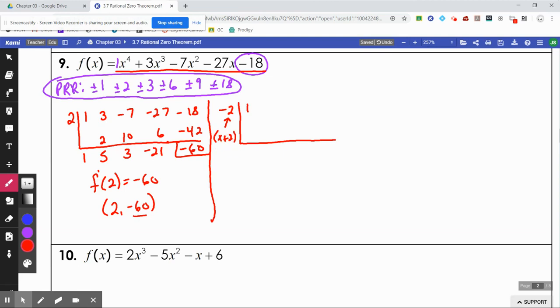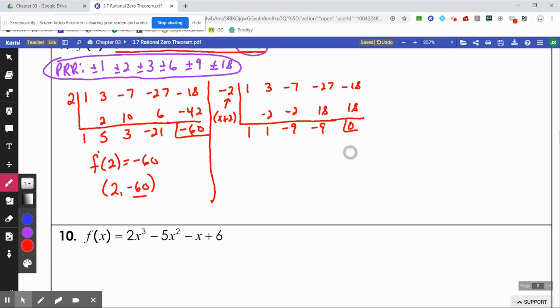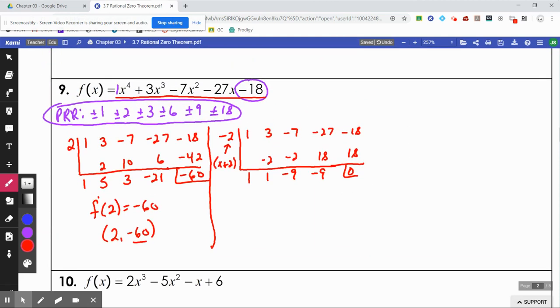This means you're dividing by x plus 2: 1, 3, -7, -27, -18. Bring down 1, multiply, that'd be -2, -9, 18, -18, and 0. So that does work out. Your original function was x to the 4th, let me move it over so we'll have more room.